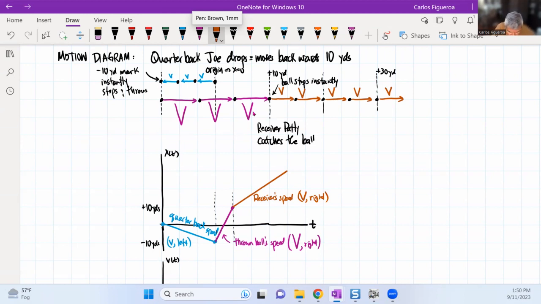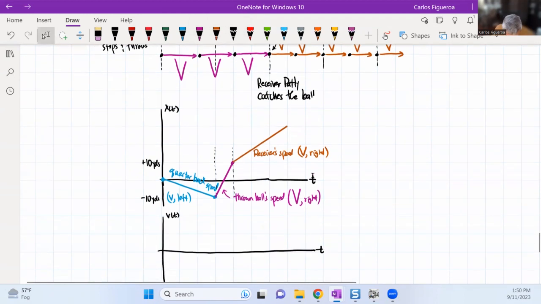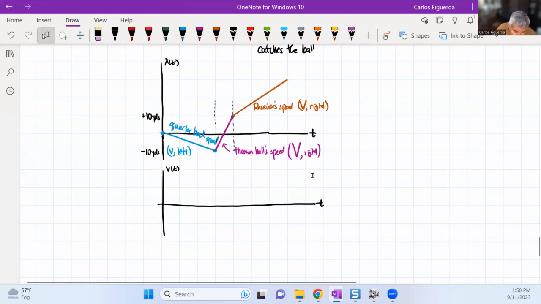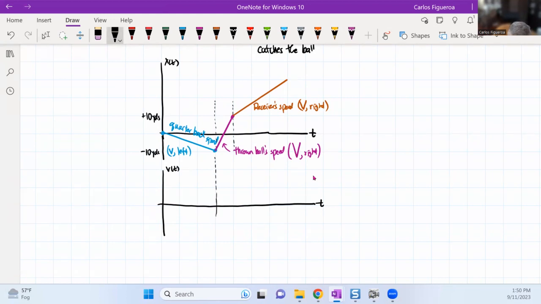Now, if I look at my velocity, it has to have the same type of thing. So I can see here that if I bring everything down, I could then just follow my picture here. The blue means it's going in the negative direction and it has a small speed.